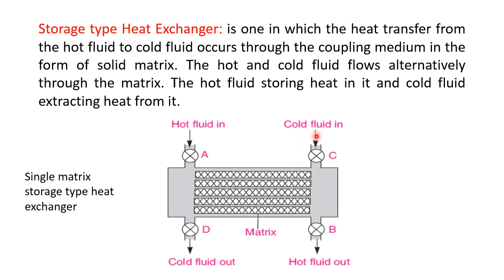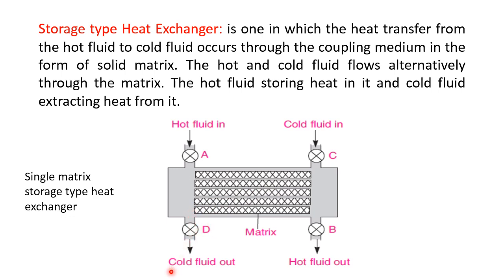Now when the cold fluid passes through this porous matrix material, it picks up the heat from the matrix material, because the heat is stored in the matrix material which was received from the hot fluid. When the cold fluid extracts heat from it, the cold fluid gets heated.